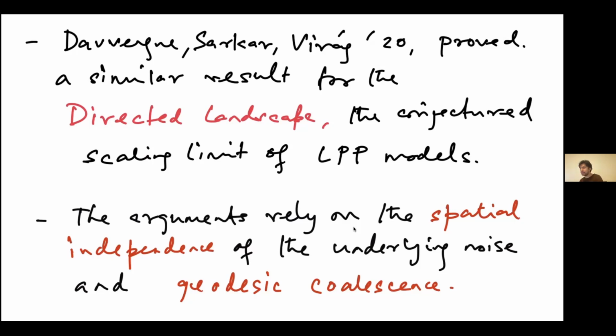The broad things that go into the proof, and why you expect such limits to exist, is that the noise, the IID exponentials, or even in the directed landscape, the noise that drives these metric spaces, is spatially independent. So there is a spatial independence in the underlying noise. And the key property that gets used in all of these arguments is a phenomenon known as geodesic coalescence, or confluence, as it is known in the LQG literature.